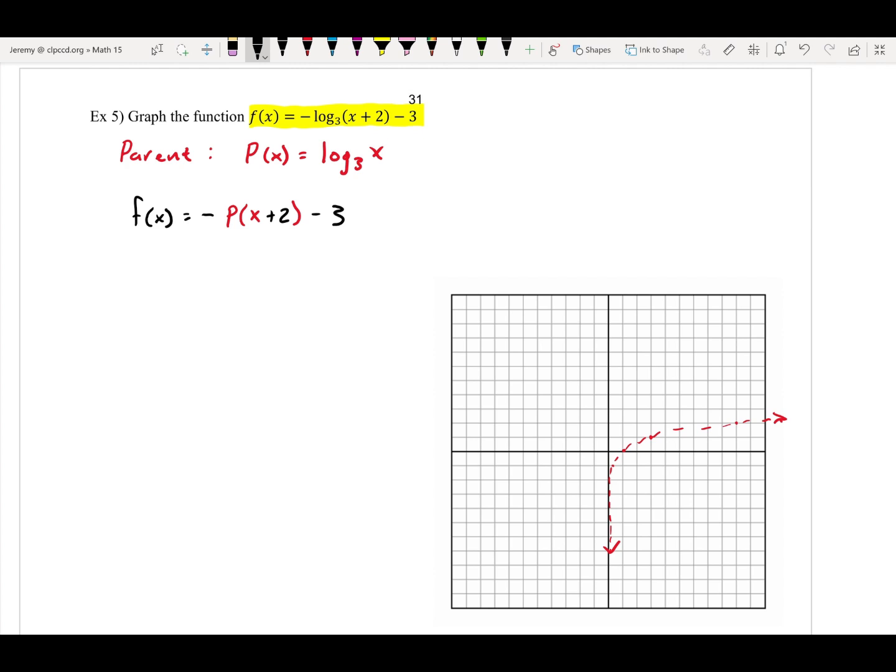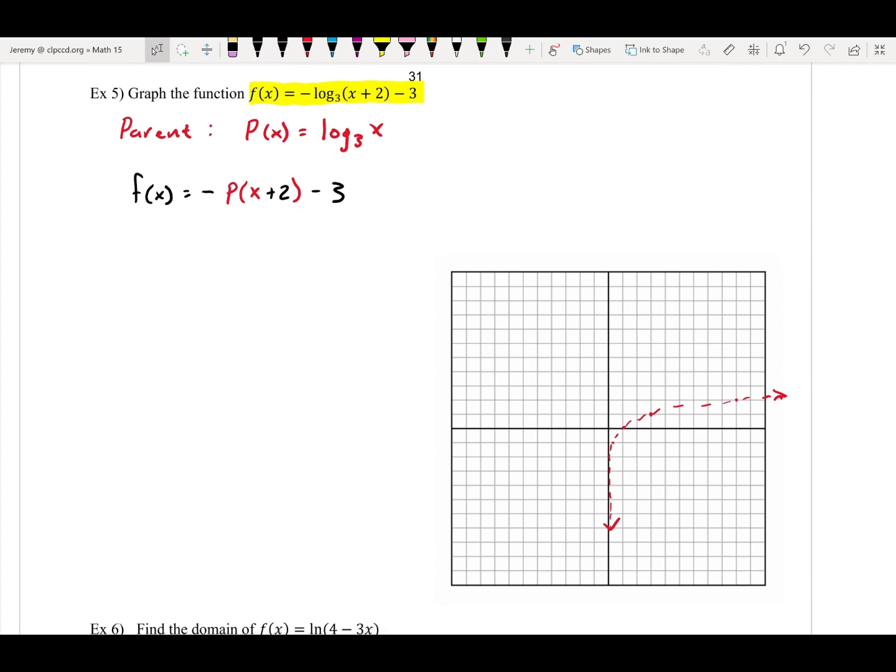Okay, so I'm just trying to demonstrate here how we can build the graph of f of x off of the graph of our parent function log base 3 of x.